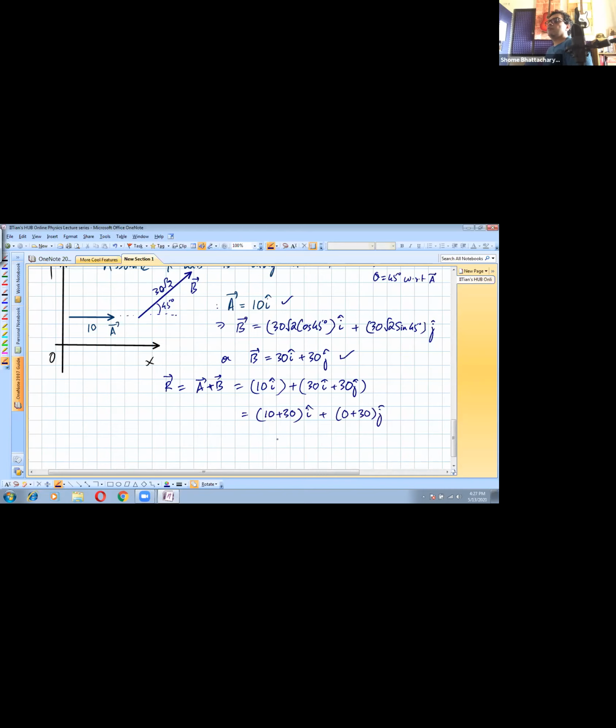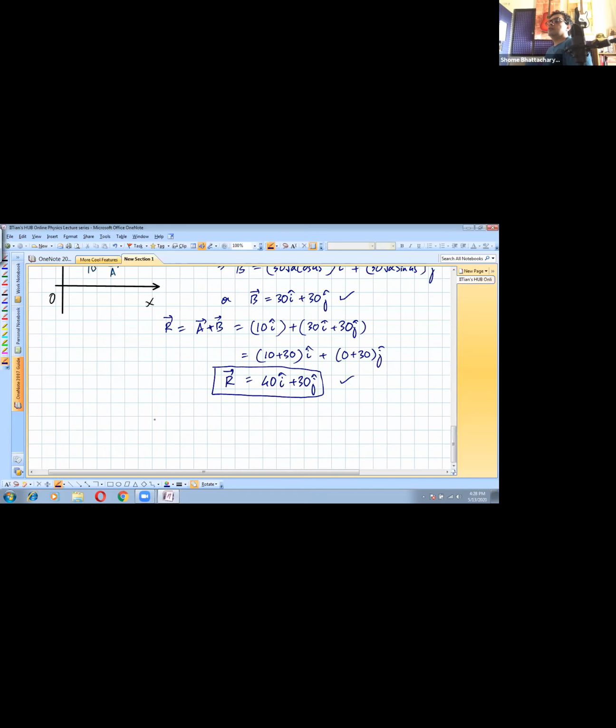So it's that 40 I cap plus 30 j cap kind of vector. This is the resultant. So now we can see that both the things can be answered from here. The magnitude of A plus B, which is the magnitude of the resultant, is the magnitude of this vector 40 I cap plus 30 j cap. Now just use your component algebra. It is the square root of x square plus y square. So that becomes 50. So that becomes your first part's answer.